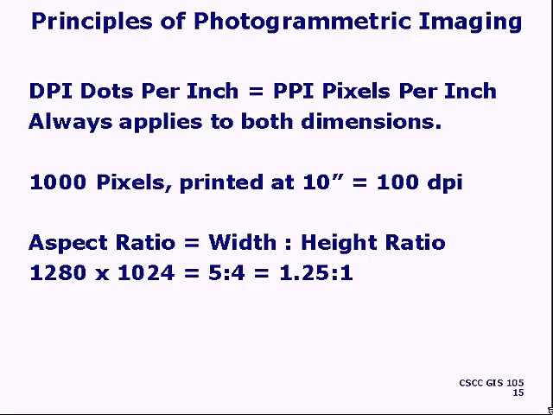If I print that 20 inches wide, then 20 inches divided into 2,000 pixels, okay, pixels per inch, it's only going to be 100 DPI. It's not going to be a 1,000 DPI image if I plot it at 20 inches. You know, the example on the screen, 1,000 pixels, 10 inches, it is 100 DPI. The effective pixels per inch is 100.